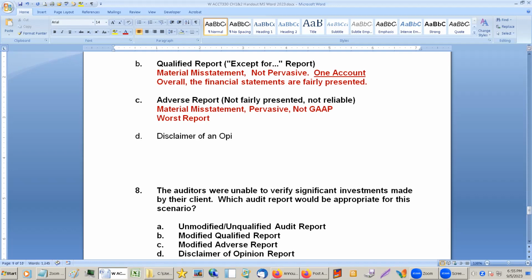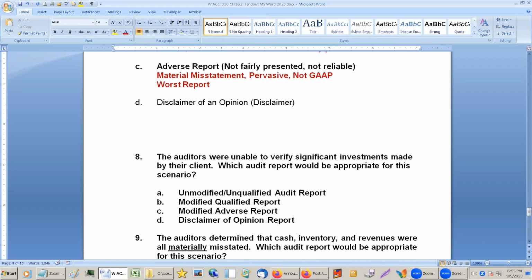Disclaimer of opinion, often just referred to as a disclaimer. The auditor did not get enough evidence to form an opinion.